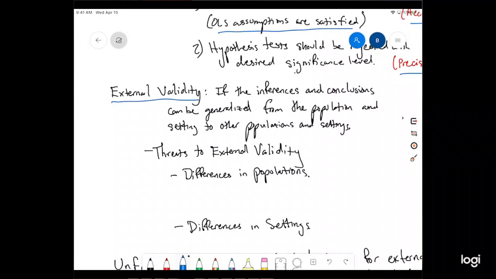We might choose to study the effect of a drug on people that show up at a hospital. Those people are more likely to be sick in the first place because you don't go to a hospital if you're not sick. And so they're going to be different from the entire population of people in the United States or wherever we're studying. An extreme example, we might study the effect of a drug on mice or rats in a lab experiment.